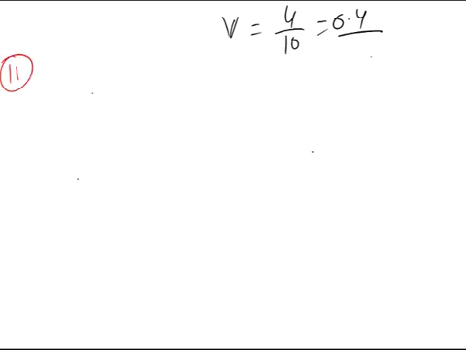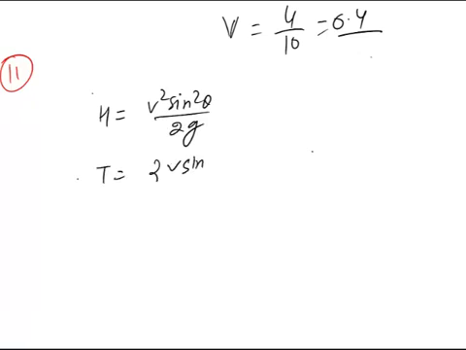Question number 11 says, for a projectile, ratio of maximum height reached to the square of flight time is. So let's get down the formula. H equals v square sine square theta upon 2g, and t equals 2v sine theta upon g. So let's try to convert h's formula into t square.